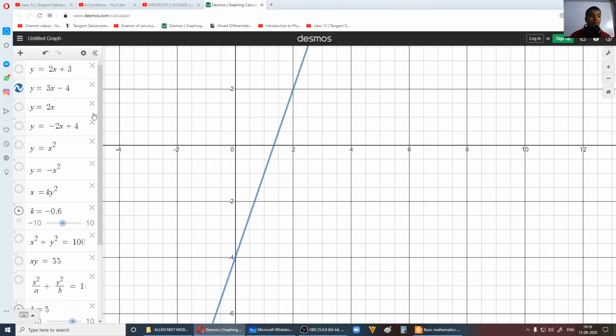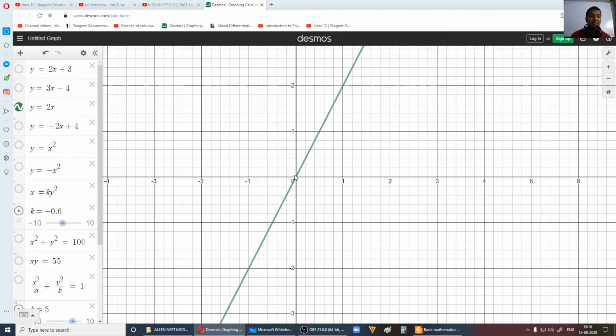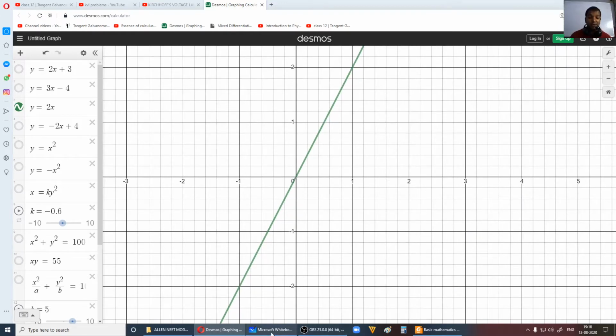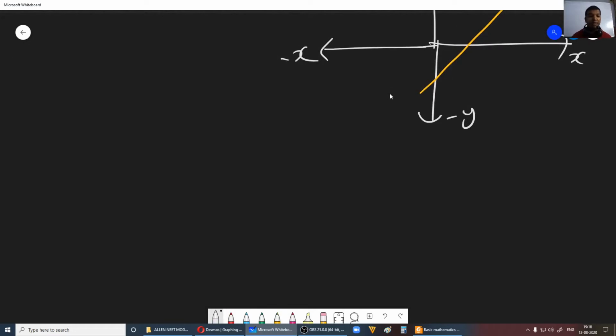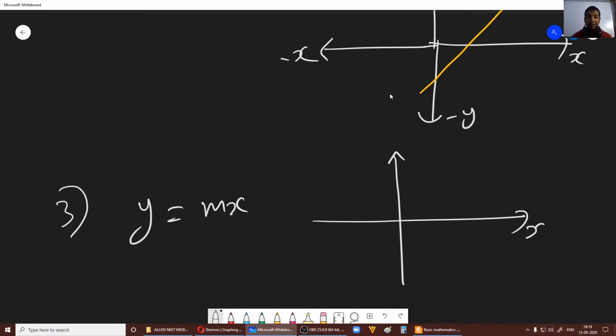Now the third one, y is equal to 2x. It is just like y is equal to mx. What is the y-intercept c here? It is actually 0, so y is equal to mx plus 0. You will get a straight line passing through the origin.